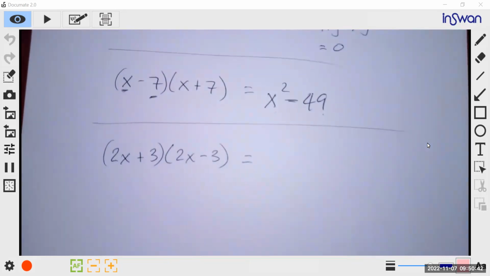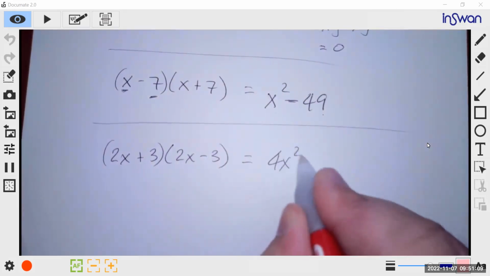How about this one? Are these conjugates? Yeah, they have the same numbers, only thing different are the signs between them. So they're conjugates. What's the final answer going to be? Yeah, 4x squared minus 9.